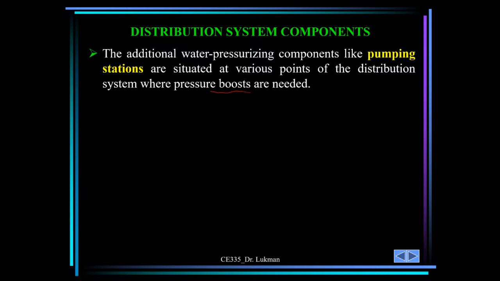As we are going to see later in the design of the pipe distribution network, normally we design such that the pressure head should be able to reach at least around a 4-story building.